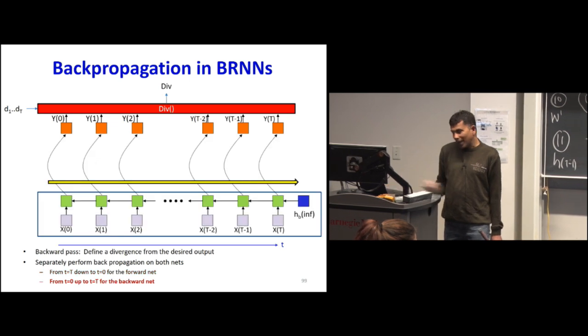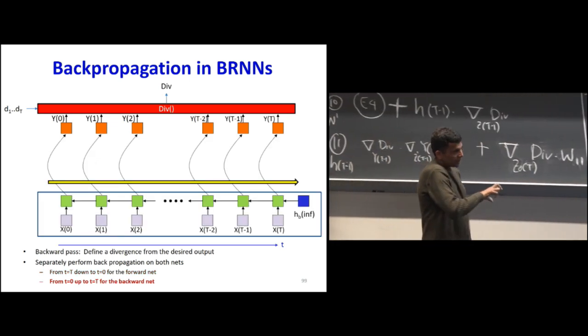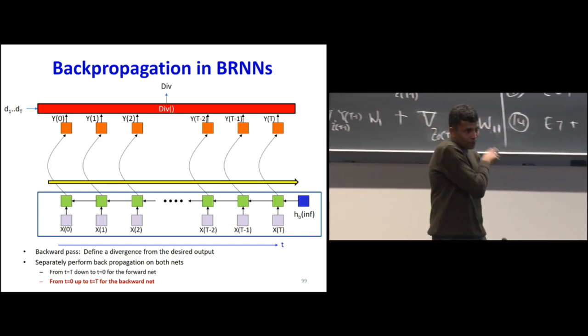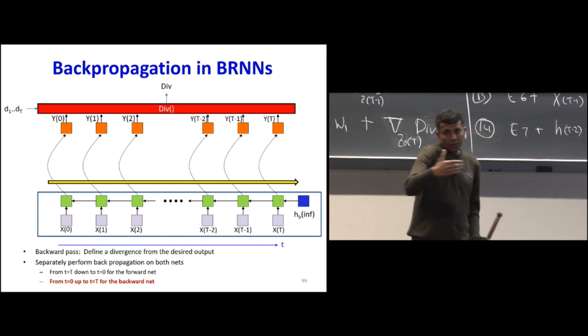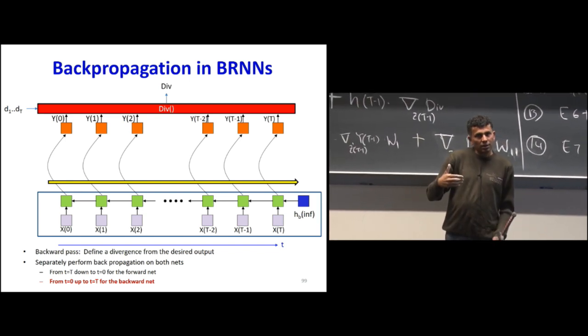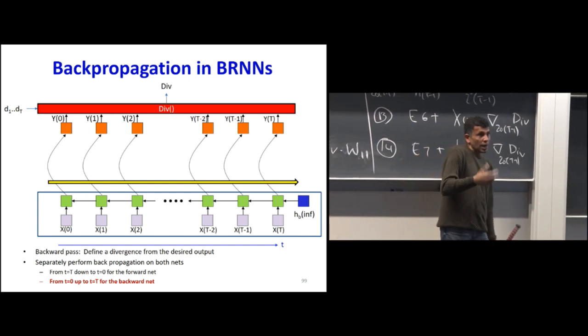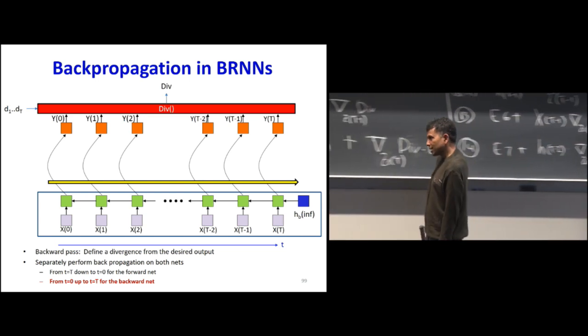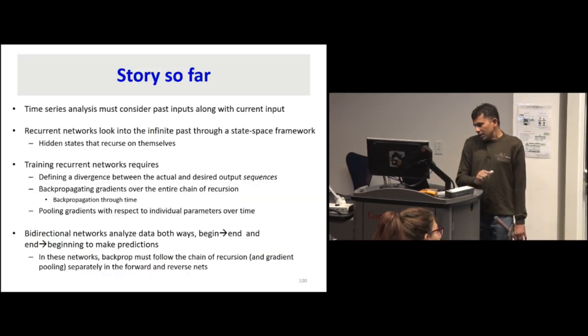Then block that out, and perform backpropagation for the backward network, except you're going to go from the beginning to the end. Each of these is going to get its own gradients from the training instance. And these gradients are what you would use to update your parameters in a gradient descent framework.